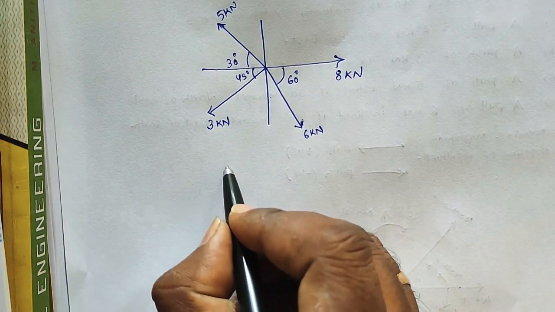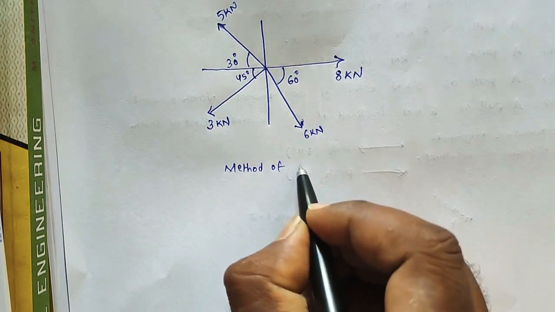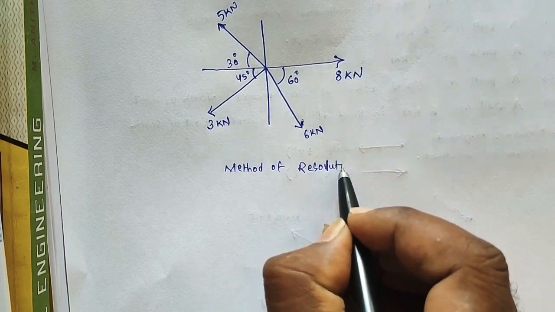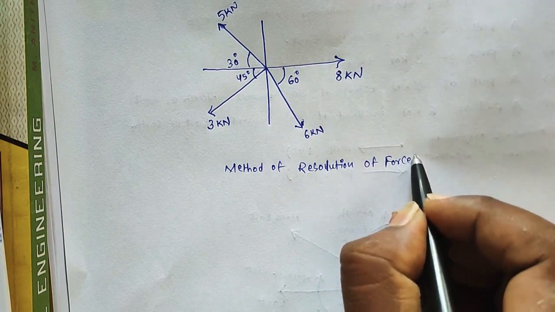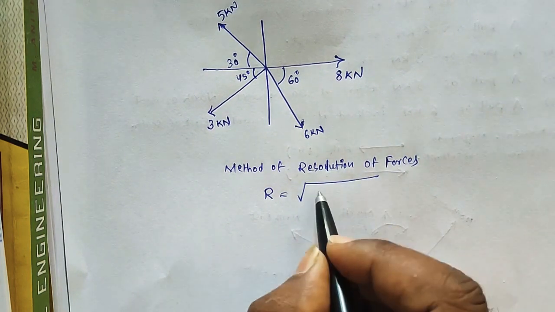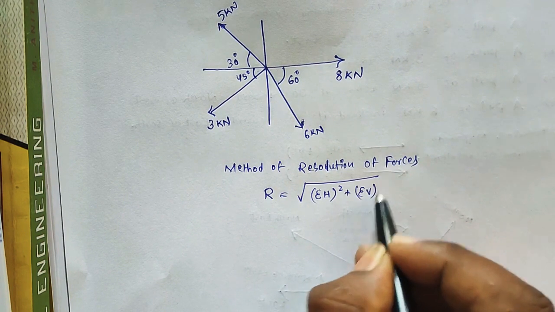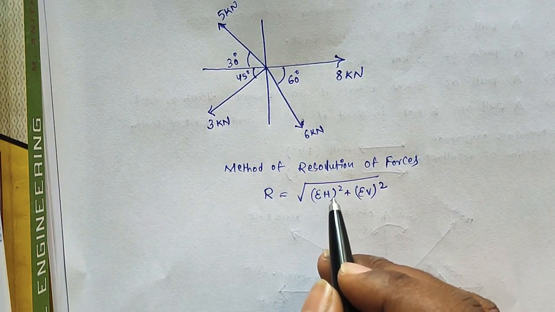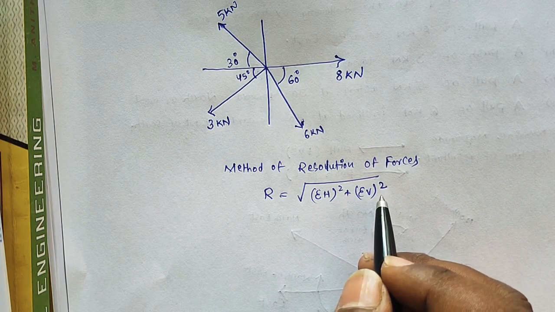So from this diagram, by applying the method of resolution of forces, resultant R equals the square root of sigma H squared plus sigma V squared. So the algebraic sum of all the horizontal components squared plus the algebraic sum of all the vertical components squared.